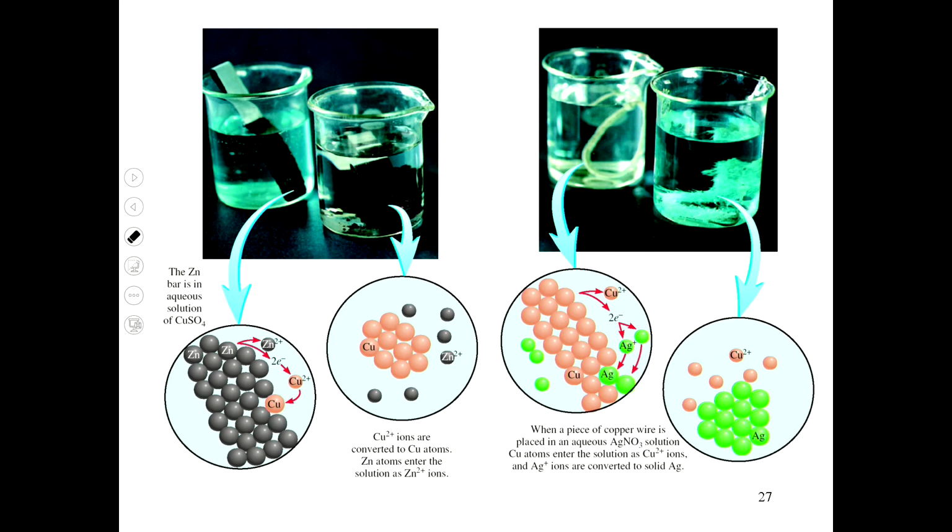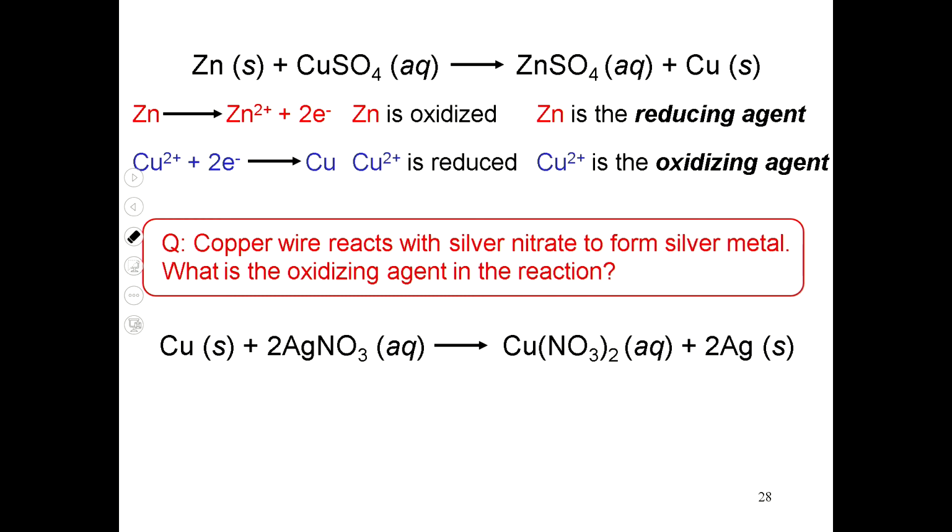So in these two reactions, we can see the electrons are transferred between the substances. So this kind of reaction is called an oxidation reduction reaction. So, for example, these two reactions can be written like this.